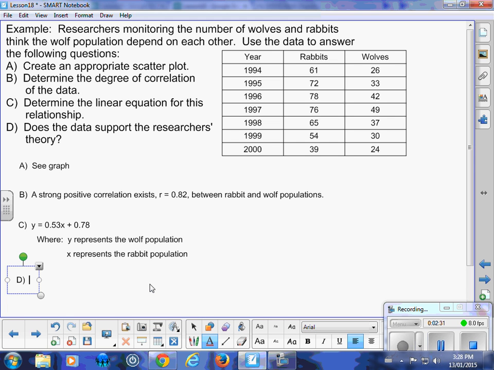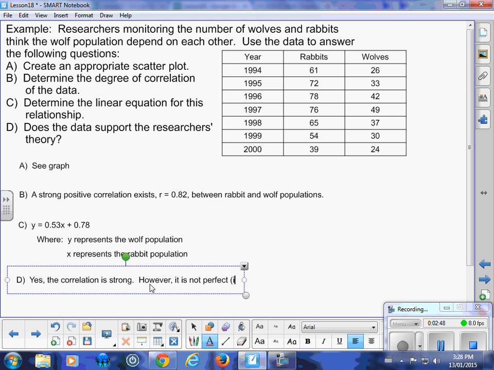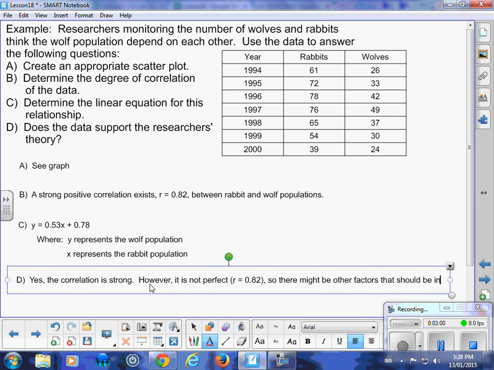In this case, I would say my opinion is yes, the correlation is strong. However, it is not perfect, and in brackets, R is only equal to 0.82. So there might be other factors that should be investigated.